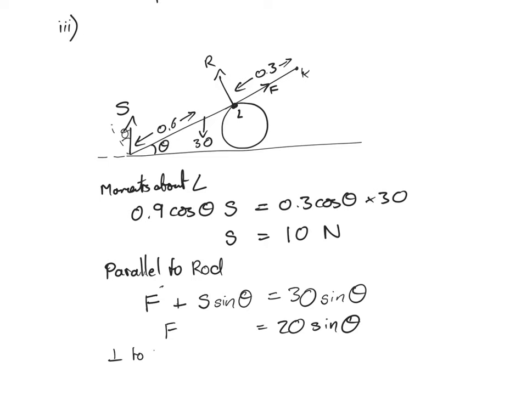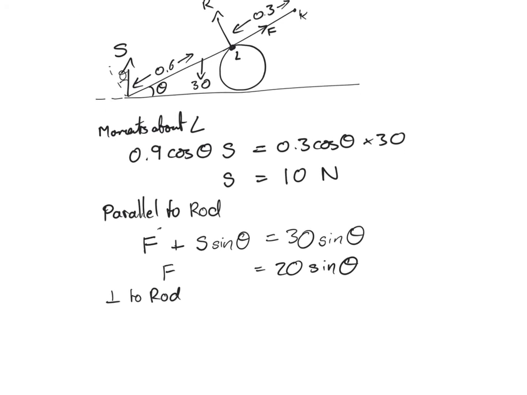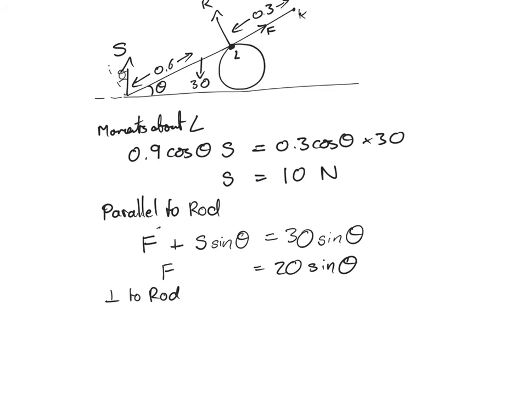Perpendicular to the rod, R plus S cos theta equals 30 cos theta.